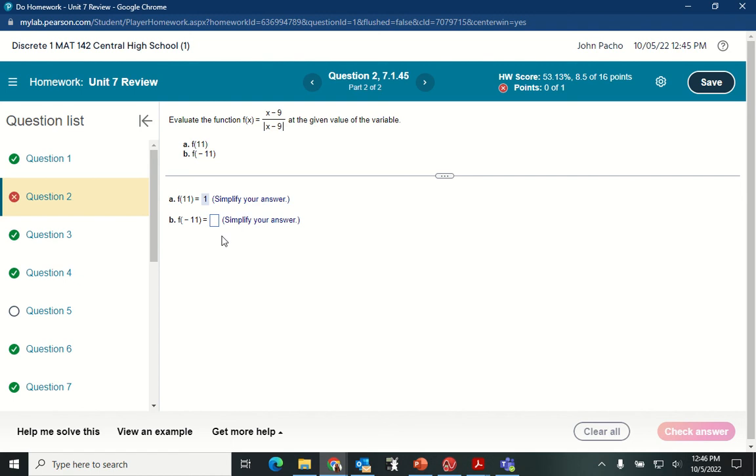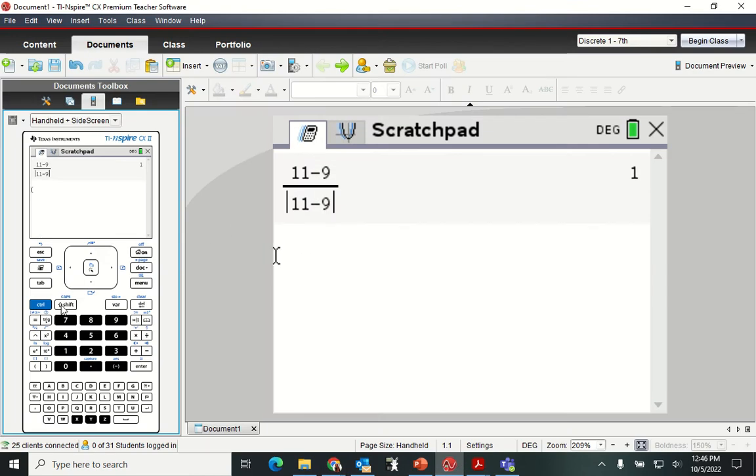Okay. All right, so now the next one says we're plugging in what number for my x? I'm plugging in negative 11, right? I'm plugging in negative 11. So on the calculator, super smart, go up, up, and enter.